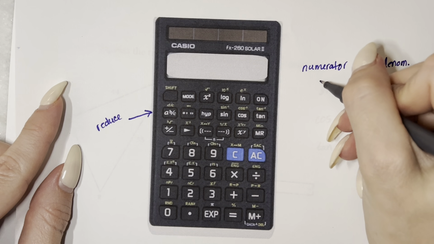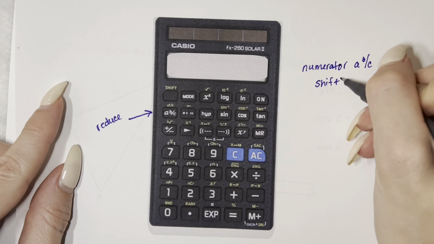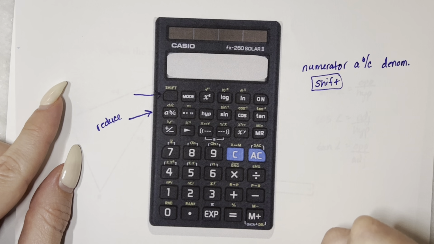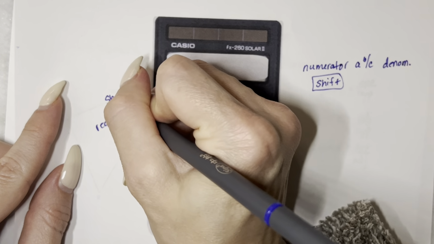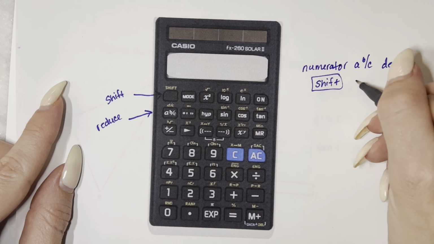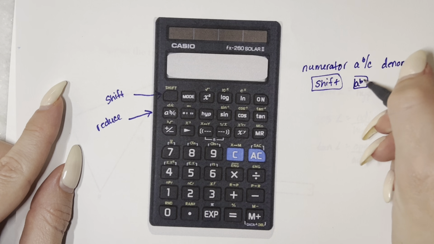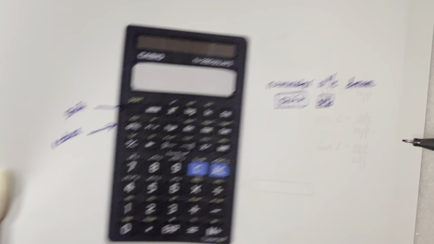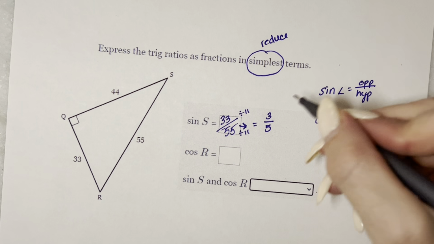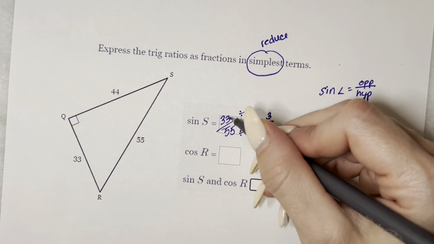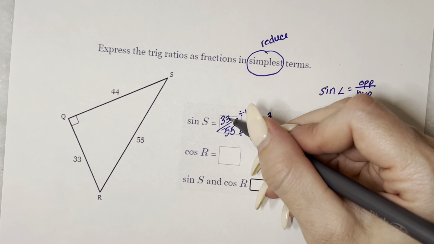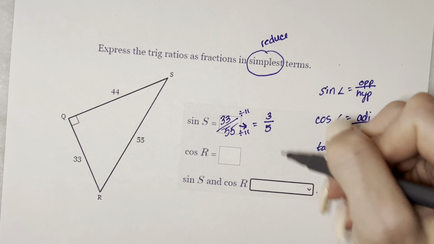Then you hit shift, which is this button right at the top here, and then hit the ABC button one more time, and that'll show you your reduced fraction. So if you hit 33 ABC 55 and then shift ABC, it'll give you 3 over 5.